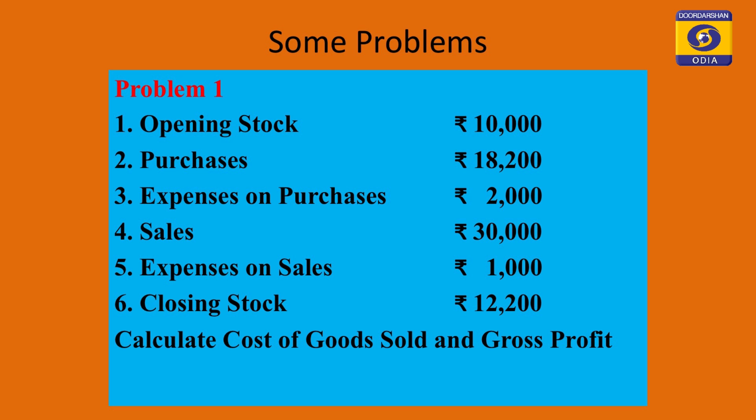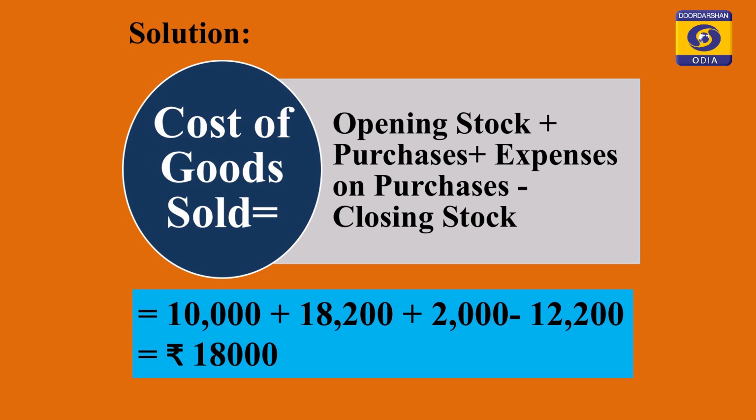You are asked to calculate the cost of goods sold and gross profit. So, take a look at this. How do we find out the cost of goods sold? The cost of goods sold is opening stock plus purchases plus expenses on purchases less closing stock. That will give us the cost of goods sold.